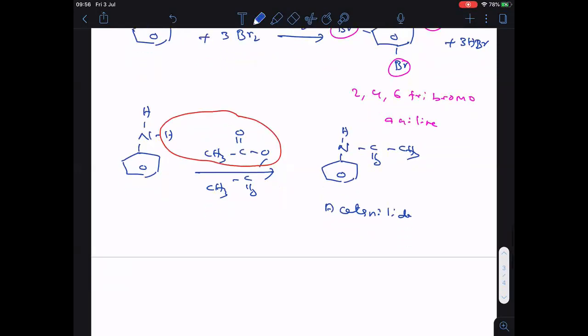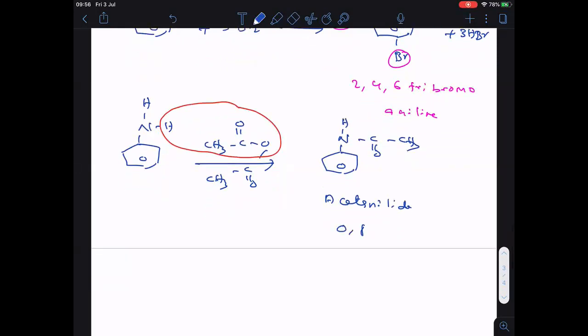This acetanilide is also an ortho-para director, but it is a weak ring activator. Why is it weak? Because here also on nitrogen a lone pair is there. Now it has to give the lone pair to the benzene ring.